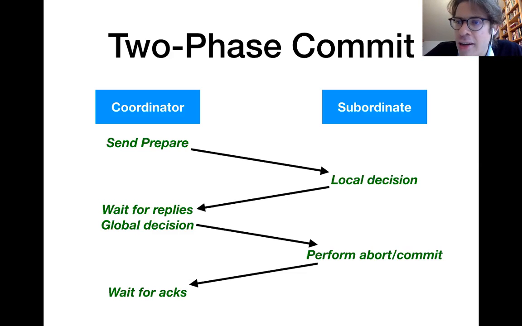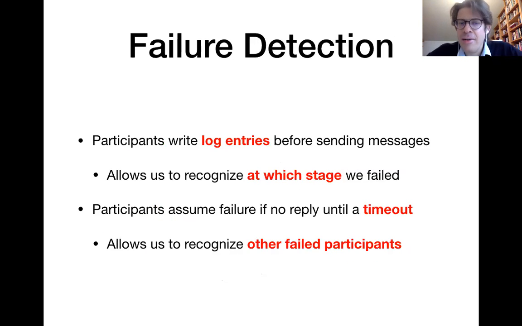So they should adopt the changes to the local data that come with the transaction. And then finally, the subordinates acknowledge execution to the coordinator. And at that point, the coordinator knows that the transaction execution has finished. So this is the two-phase commit protocol.